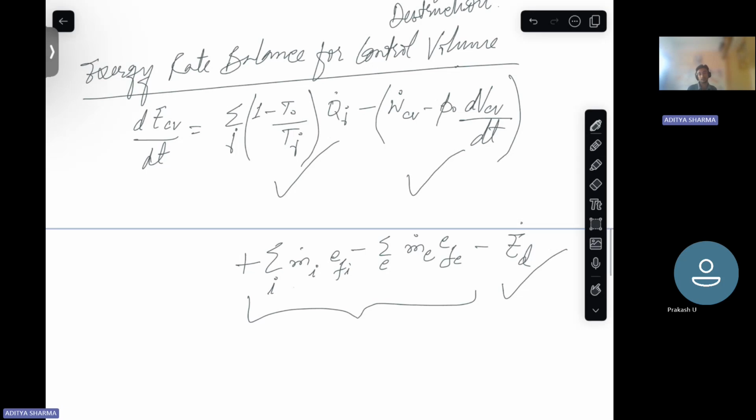So basically, when we are discussing a control volume, there will be entry of some mass into the control volume, and then there will be exit of mass across the control volume. We have discussed the same scenario in the entropy balance also for control volume.